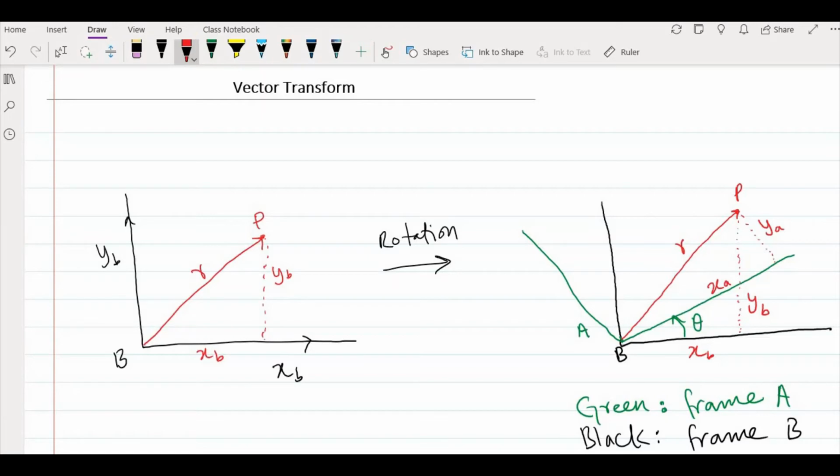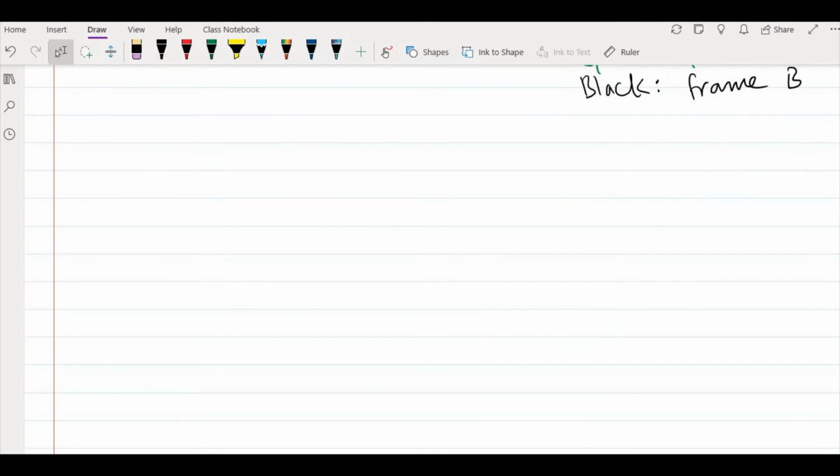So frame A is rotated relative to frame B by the angle theta. Okay, now to calculate the new coordinates of the point P in the frame A.